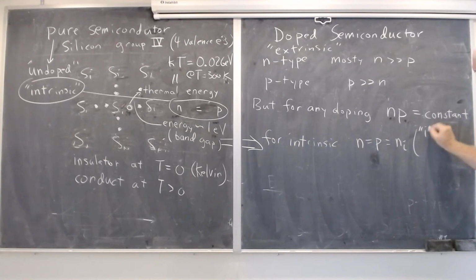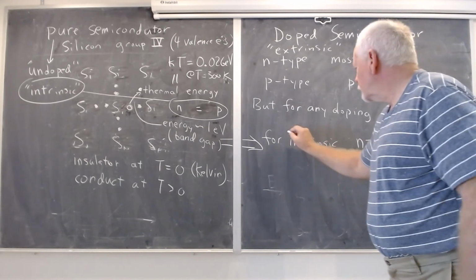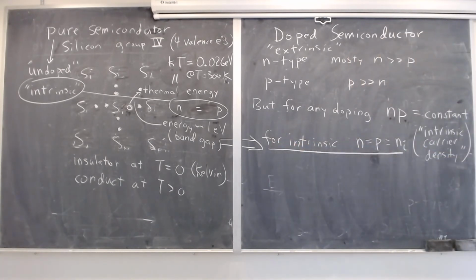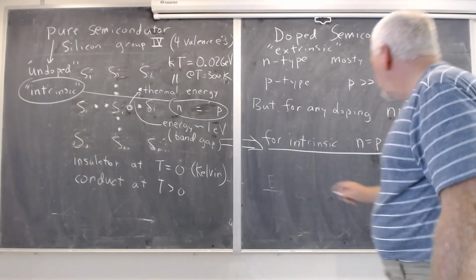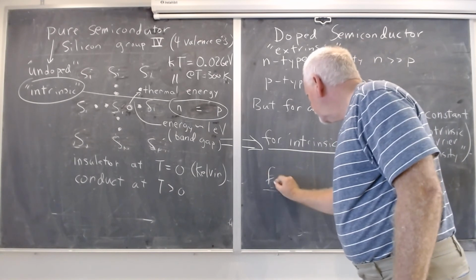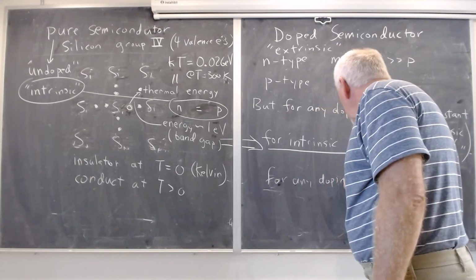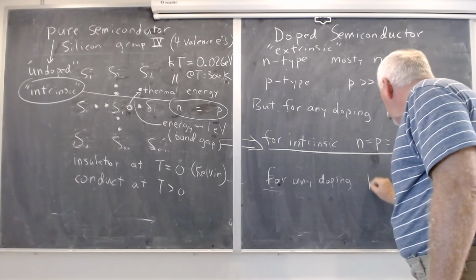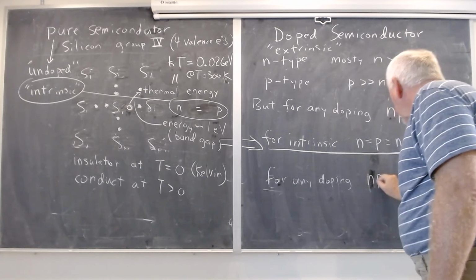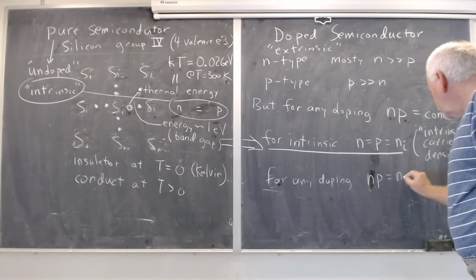The intrinsic, and thus for any doping, the product of N and P is then Ni squared.